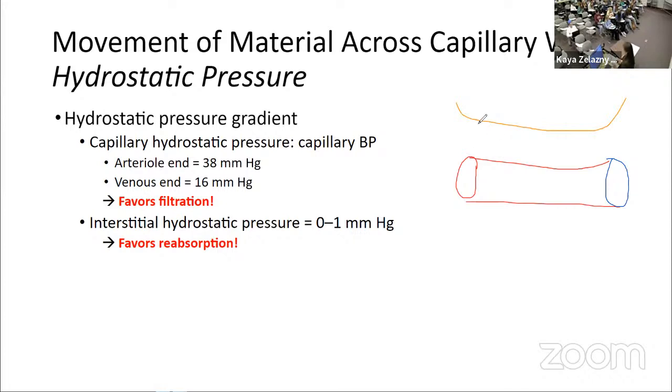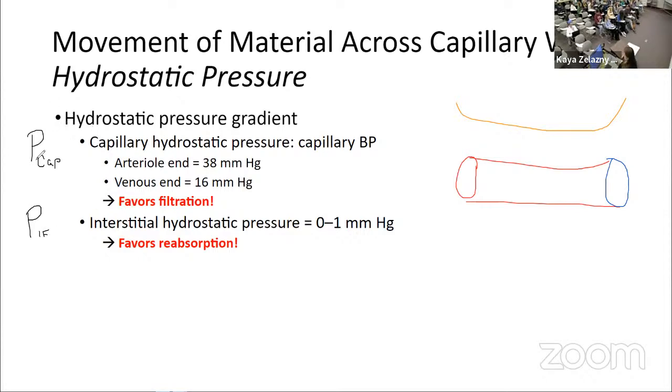Okay. So for our hydrostatic pressures, they're going to get a big P as their symbol. And we're going to specify the pressure from the capillary or the pressure from the interstitial fluid. I'll just write IF here, because that's how your book indicates it as well.